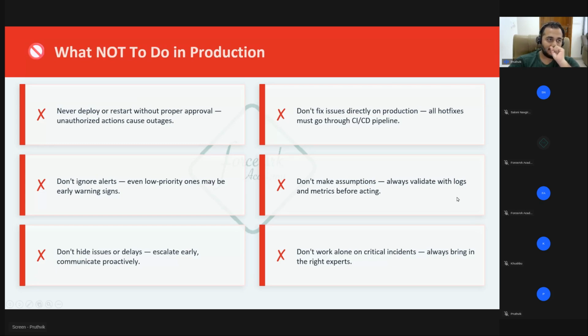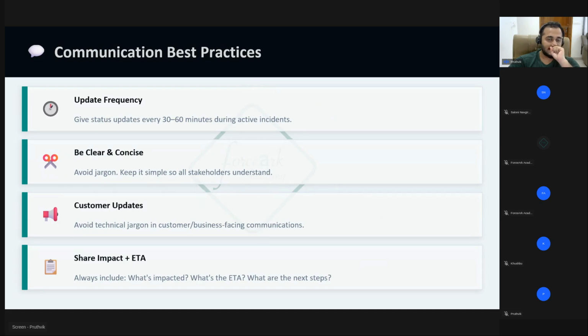As I was mentioning more in terms of communication, I want to highlight more on how we need to communicate and how we need to strategize incident management when we are in production support. We need to have some set frequency. Silence creates a panic situation among stakeholders or anyone who's involved.